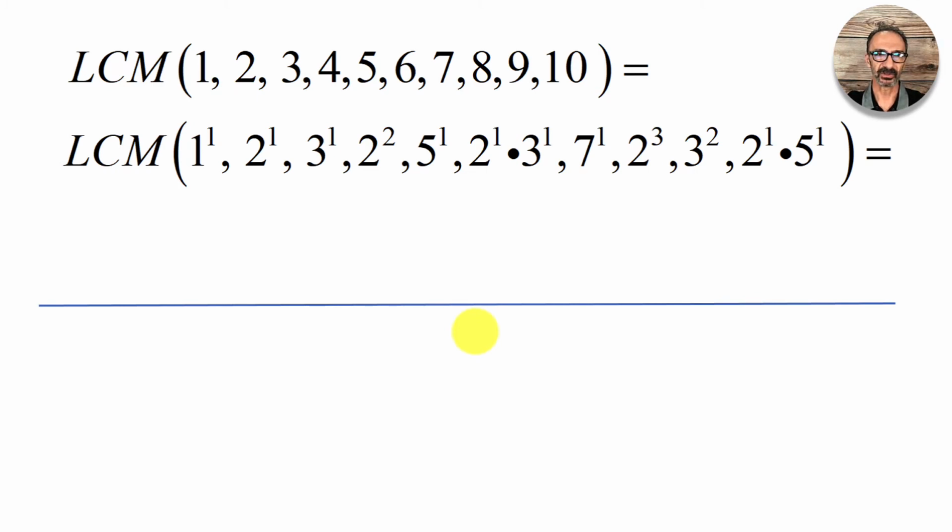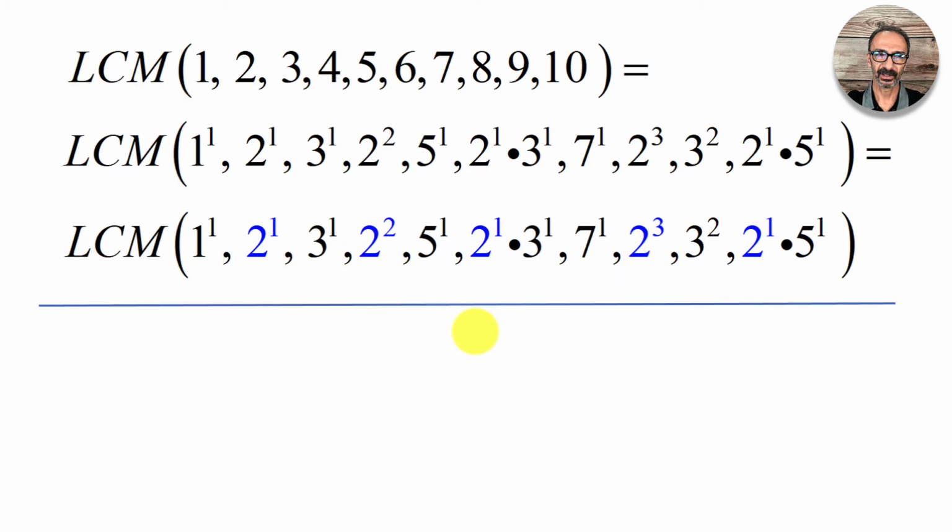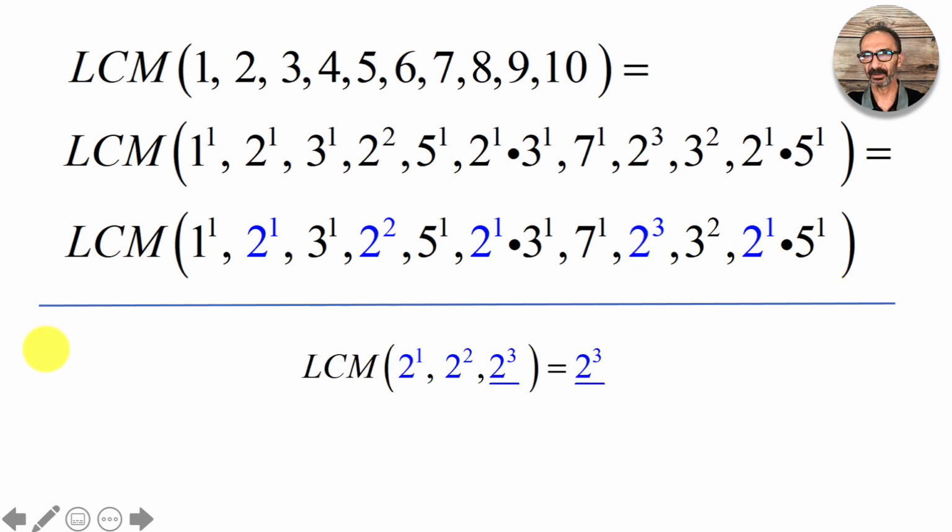Thinking about the 2's for a second. Here's the 2's in the blue color. This has a 2, this has 2 2's, this has 1 2, this has 3 2's, which is the 8, the 10 has 1 2. Well, if you just think about 2's only, the least common multiple of 2 to the first and 2 to the second and 2 to the third will be 2 to the third. Because it has to be a multiple of all of them.